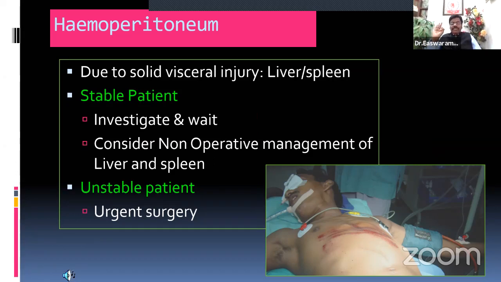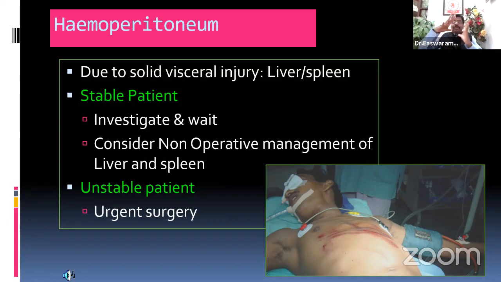For the 3 things I have said, liver, spleen, and mesenteric tear, provided the patient is stable, there is no rush to operate on these people, because the abdomen, like a tamponade, is trying to contain the bleeding.